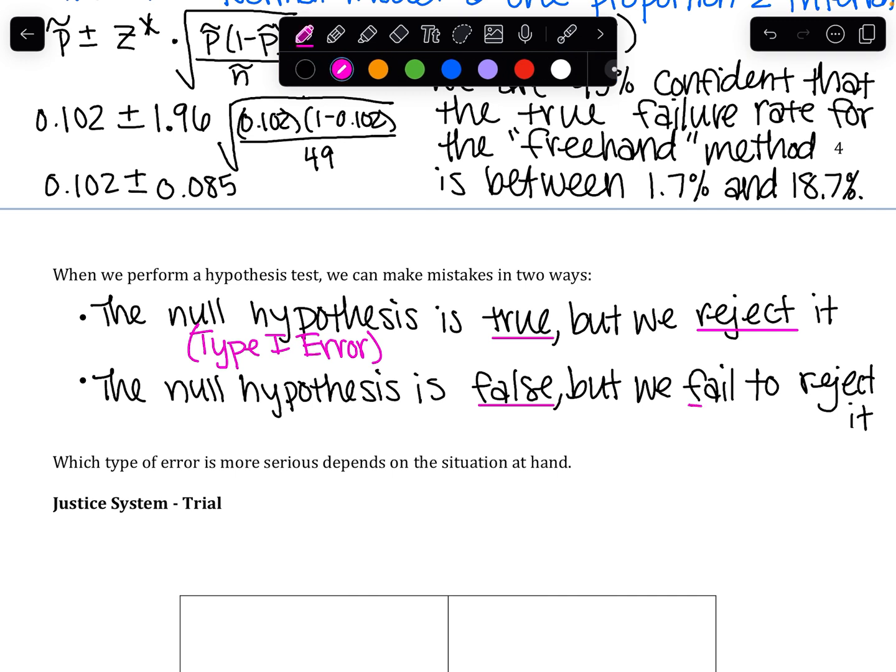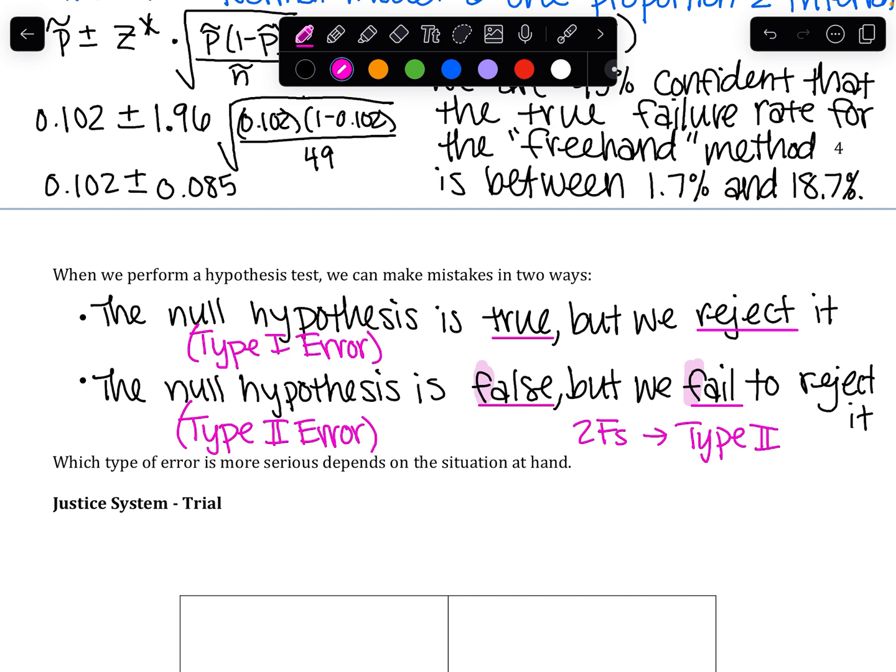False, fail to reject. This is a type 2 error. And no, I did not come up with these names. I know they're not very descriptive, but I will give you my hint on how to remember it. Type 2 error is false, fail. 2 F's, type 2. That's how I remember it.